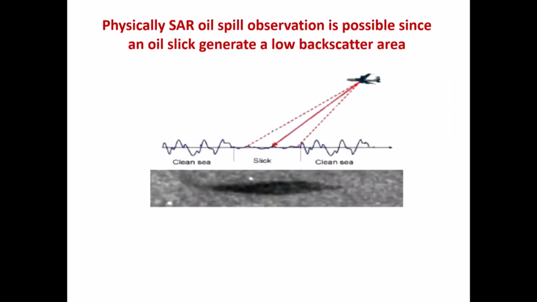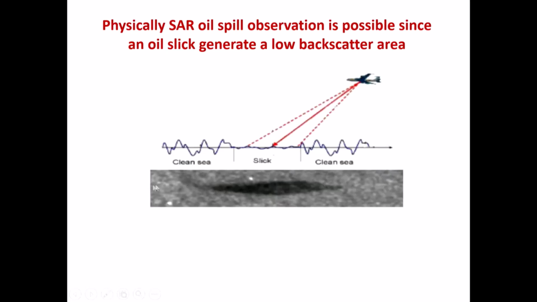Now, apart from that, you can also use SAR data to detect the oil spill. Wherever an oil slick is there, there will be smoothness in the water surface, and the capillary waves will be suppressed, and as a result you will not get backscattering from the surface. So in the SAR image you will get a dark patch wherever oil slicks are there.